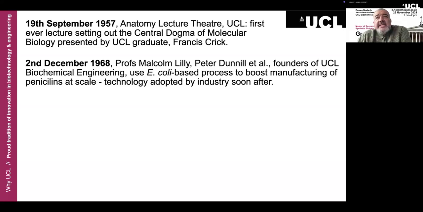But in terms of penicillin becoming mundane, just an everyday expectation of society, arguably right through to the modern day, where some people are even skeptical about the modern world that's been enabled because of these types of medicines, that transition to mundane, large-scale manufacturing of penicillins was spearheaded by professors like Malcolm Lilly and Peter Dunnill, who were very important founders of the UCL Biochemical Engineering Department.